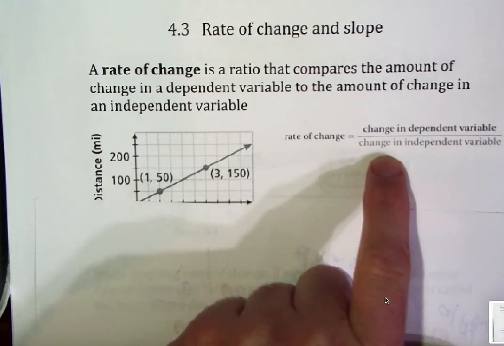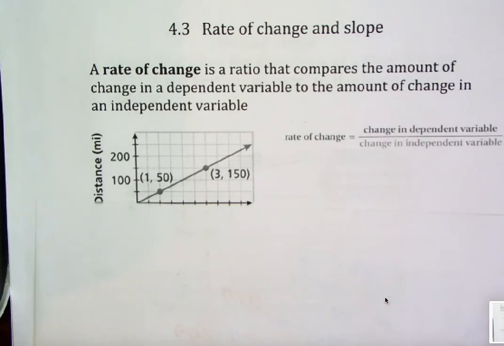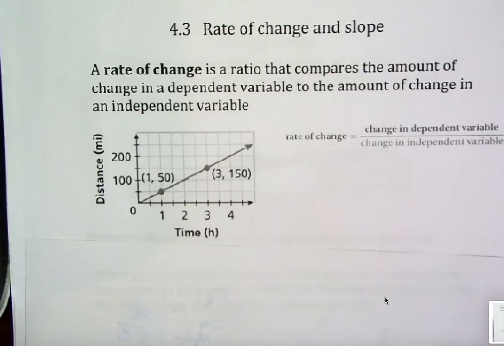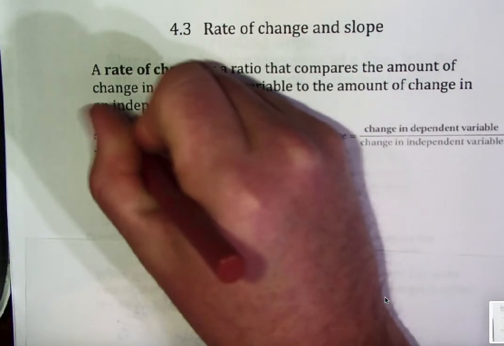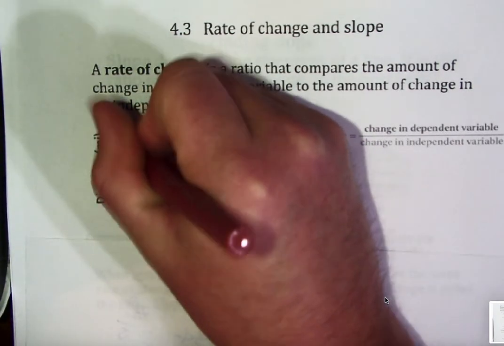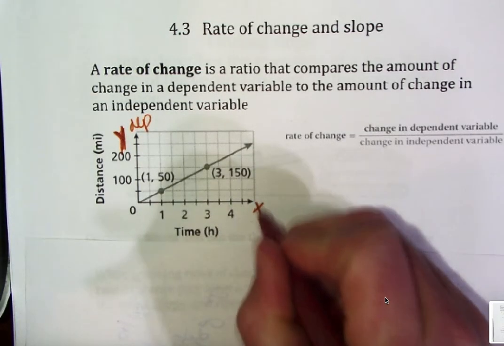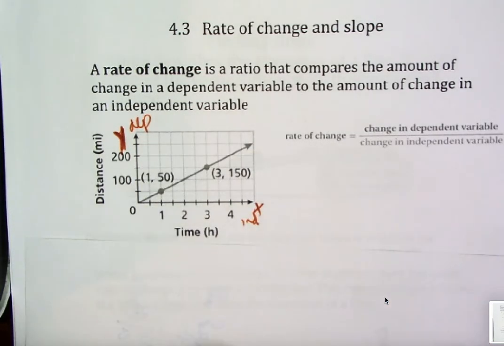The dependent over the independent. So if we had this graph right here, we can find the rate of change from one point to the next. Just a quick reminder, our dependent is our y-axis, right? Dependent. And our independent is our x-axis, okay?